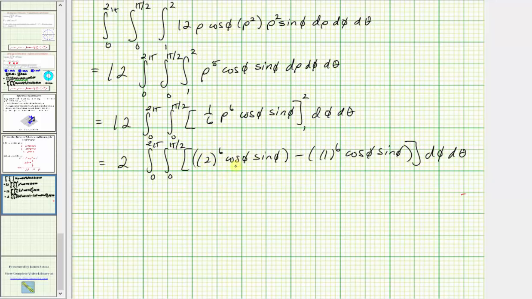So here we have 64 cosine phi sine phi minus 1 cosine phi sine phi, which would be 63 cosine phi sine phi. If we factor out the 63, 2 times 63 equals 126. So we have 126 times the double integral of cosine phi sine phi d phi d theta.